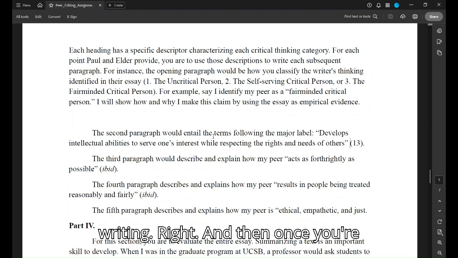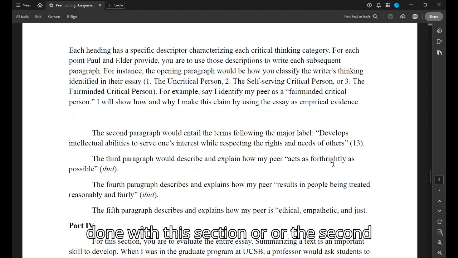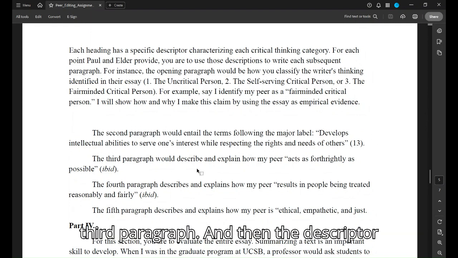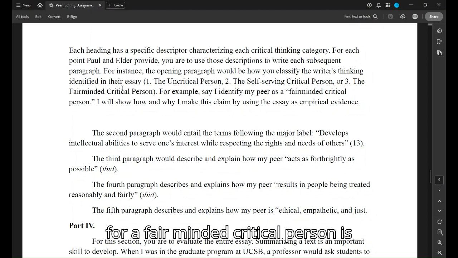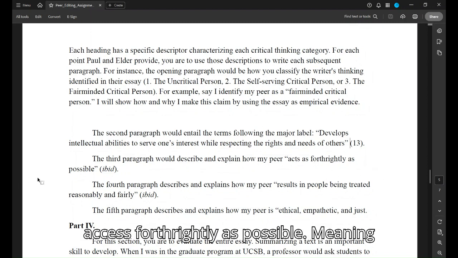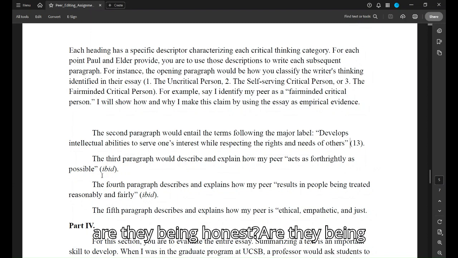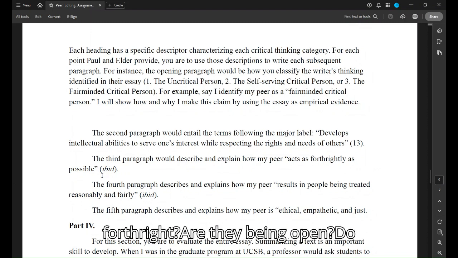All right. And then once you're done with the second paragraph, you're going to go to the third paragraph. The descriptor for a fair minded critical person is act as forthrightly as possible, meaning, are they being honest? Are they being forthright? Are they being open?